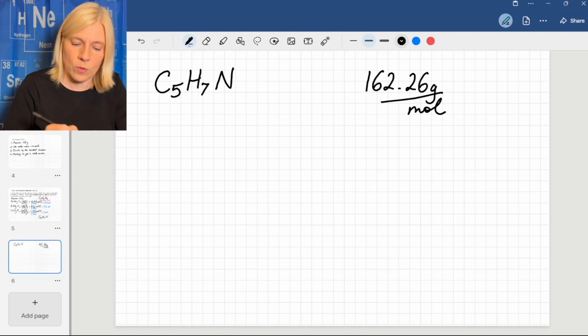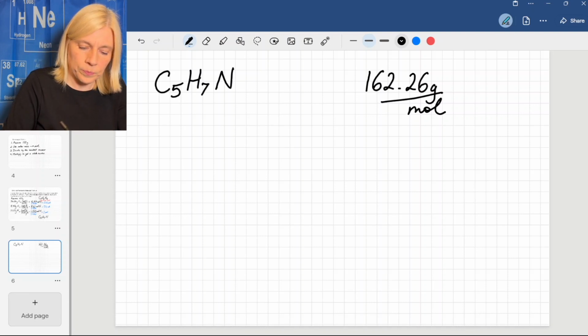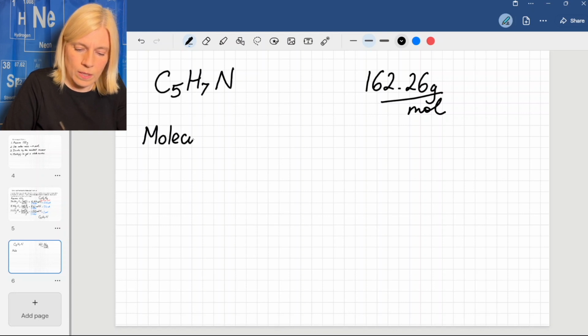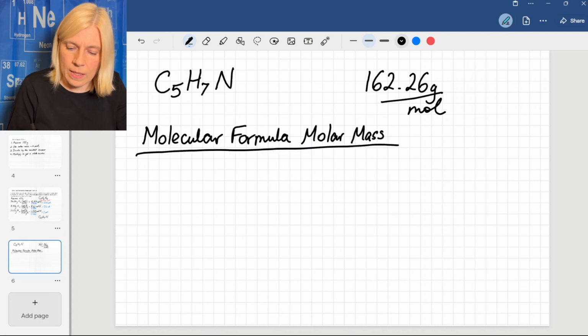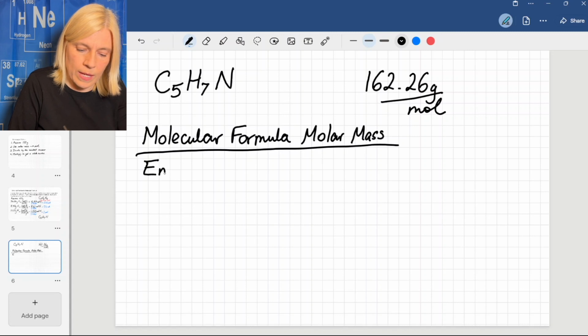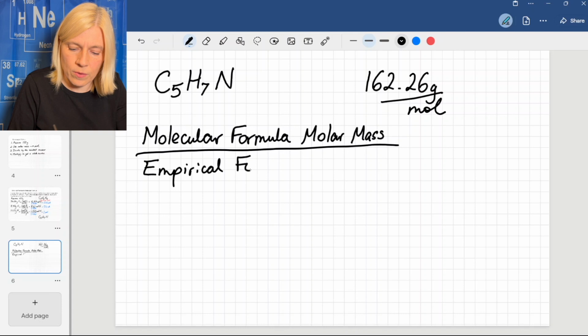So we're going to do our molecular formula, and I'm going to say molar mass divided by empirical formula molar mass.